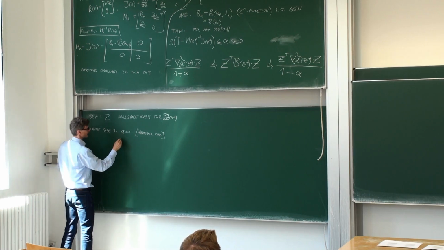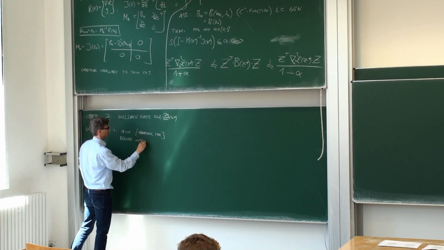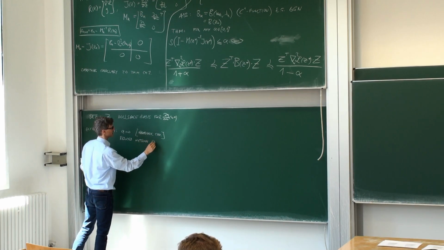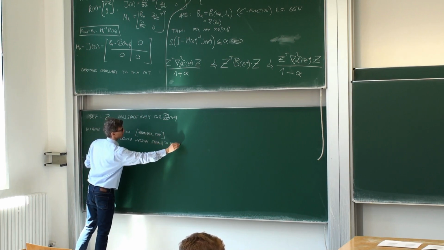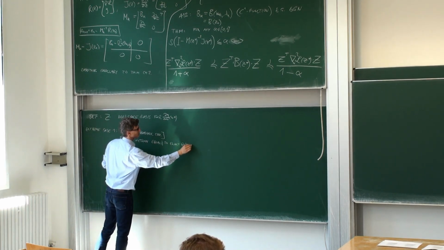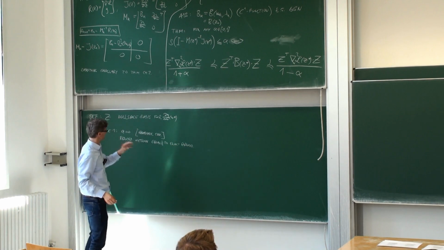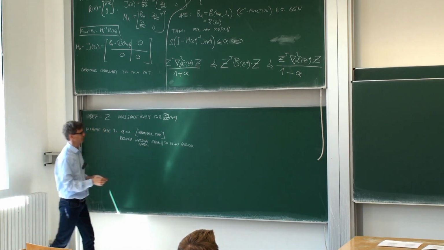There the meaning is that the reduced Hessian approximation is equal to the exact reduced Hessian.